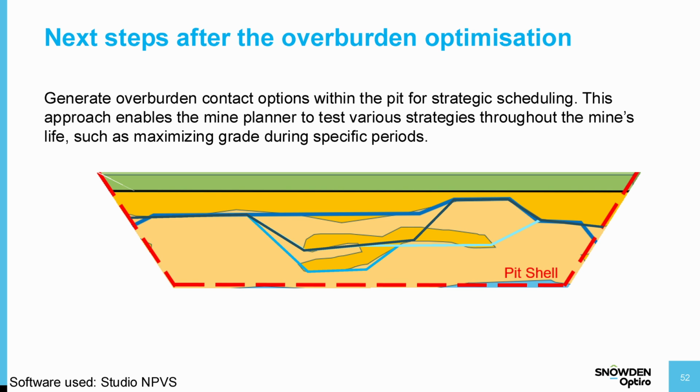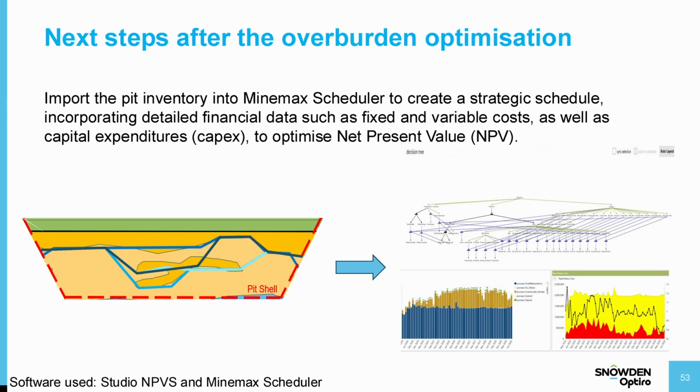So we could flag the blocks saying, with this price parameter, this is my overbody contact. With this price parameter, this is my overbody contact. Create a nest of overbody contacts and bring all this information to the strategic scheduling, where you can play with it during the scheduling for the life of mine.